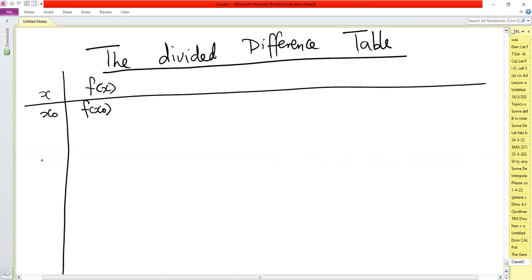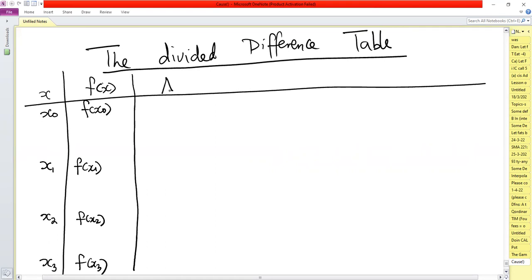Now skip 2 lines and write x1, f of x1, skip 2 lines and write x2, f of x2, and then skip 2 lines and write x3, f of x3. You can extend the table depending on the values of the function we have.